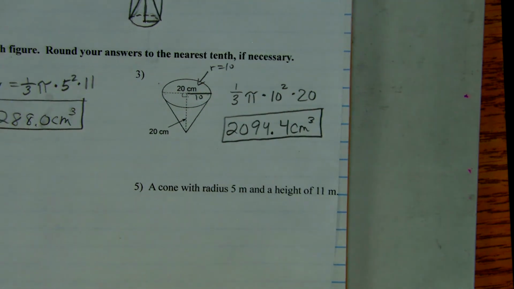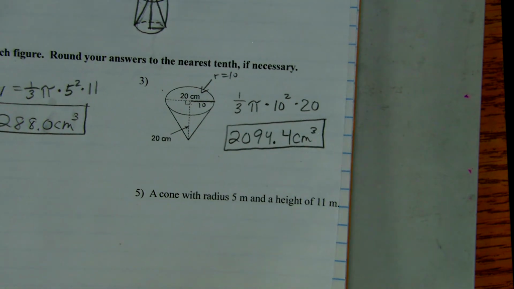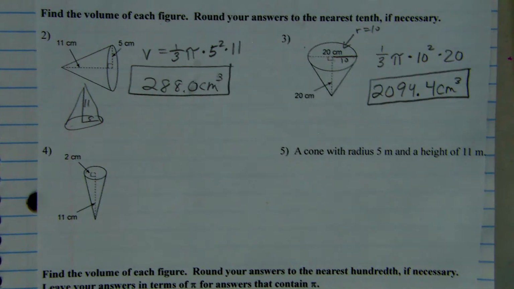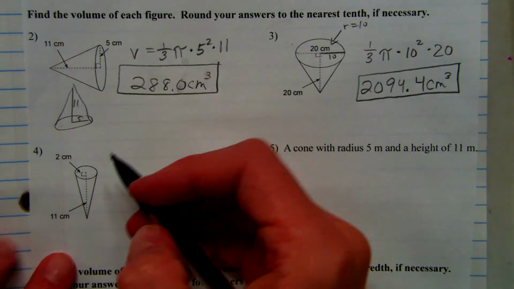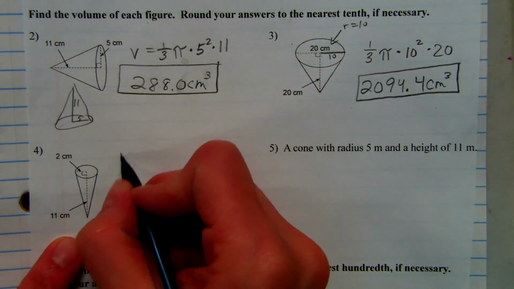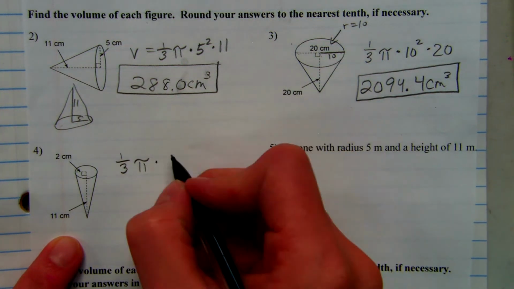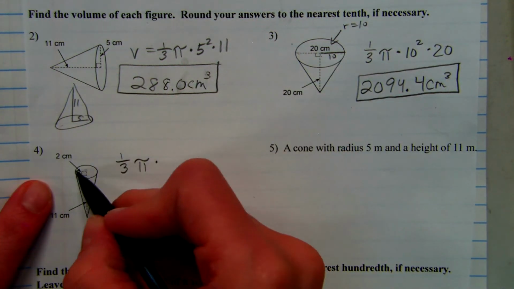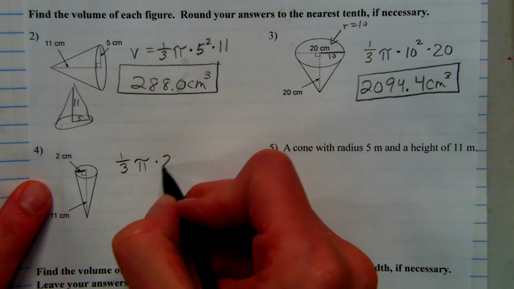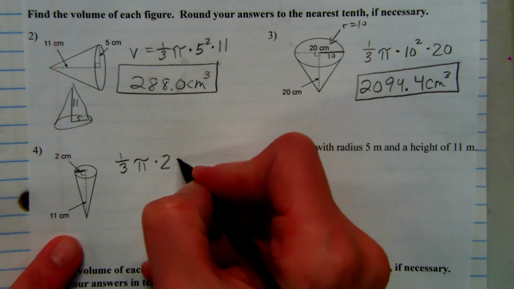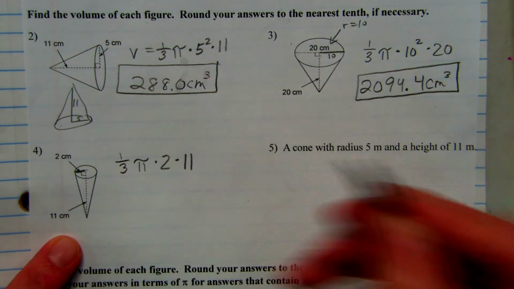All right, let's go down and look at number 4. Colton. All right, so for number 4, we're going to have 1/3 pi. What's the radius? So this is already just halfway, so we go ahead and just use 2 because it's only halfway. And the height is 11.